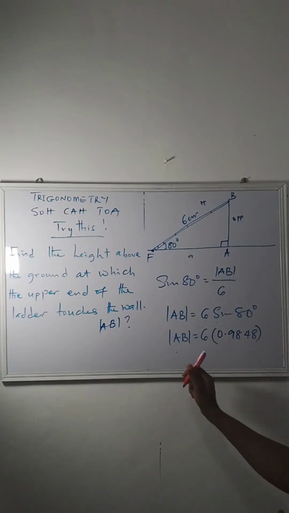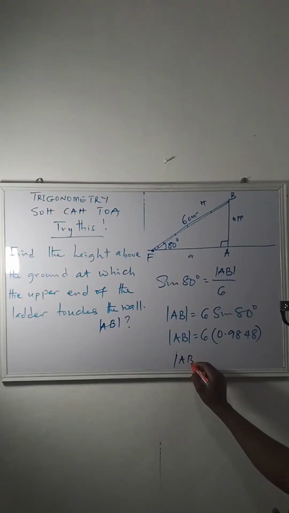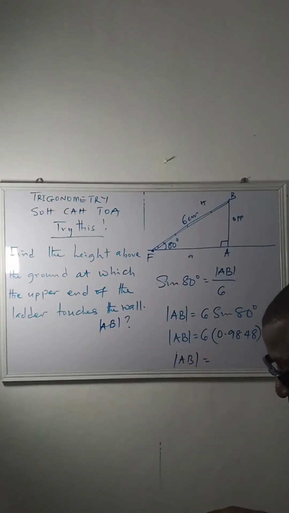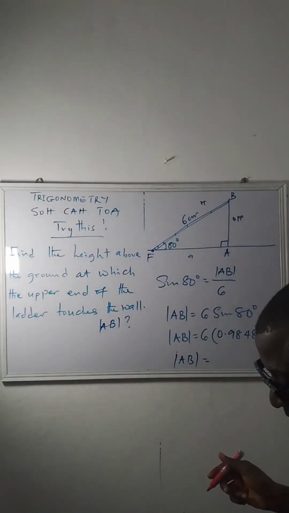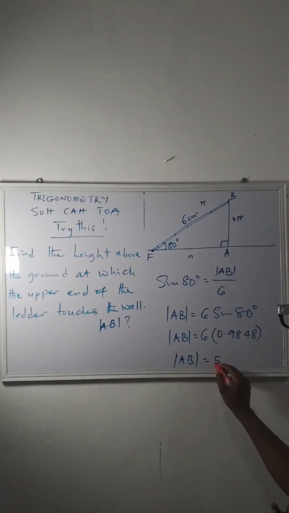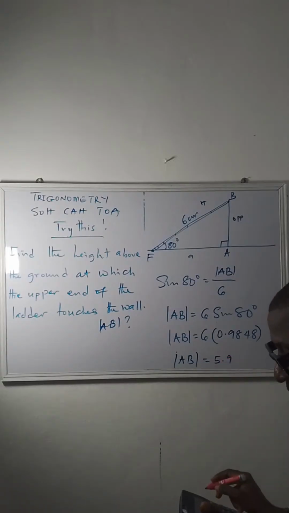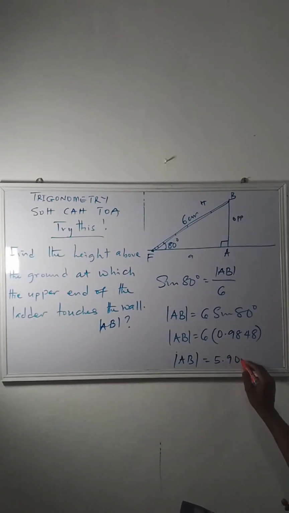So now let's do this. When you multiply 6 by this, what do you have? You have 5.909 centimeter. Now you have to correct your answer to 1dp.